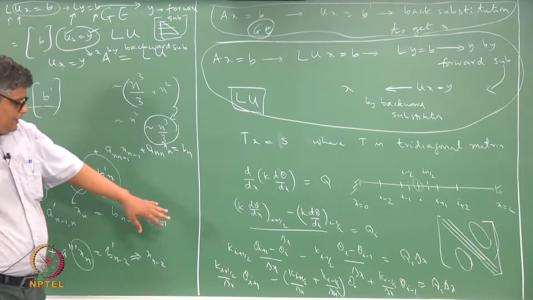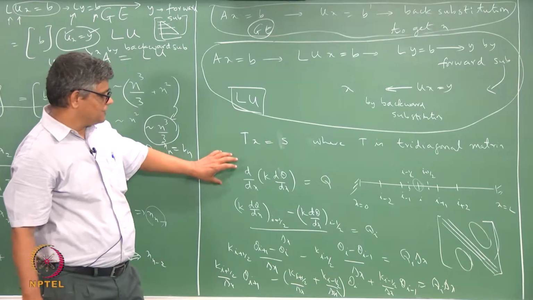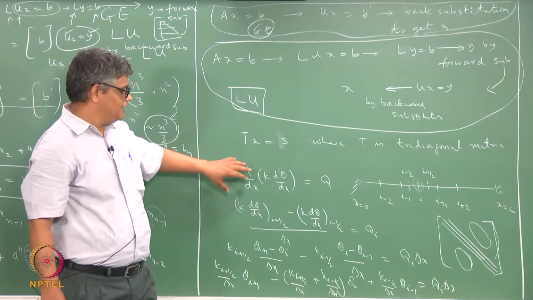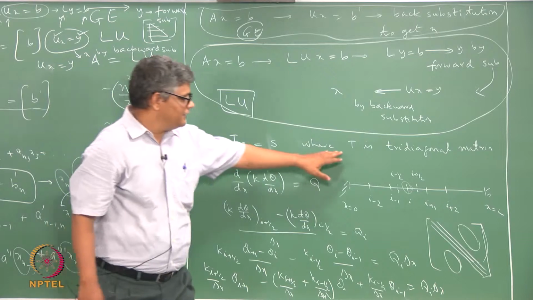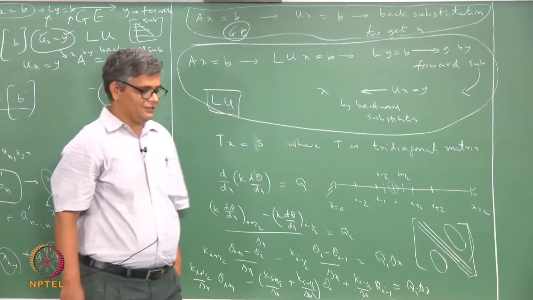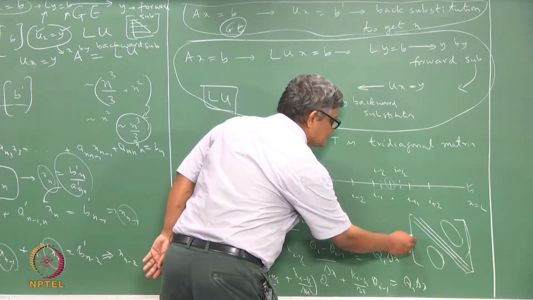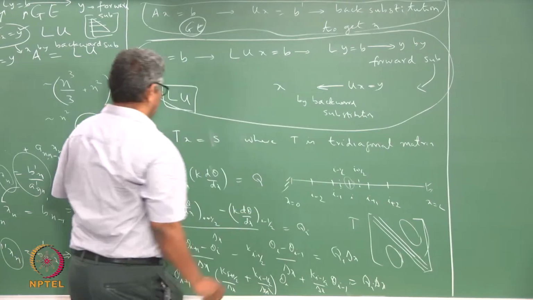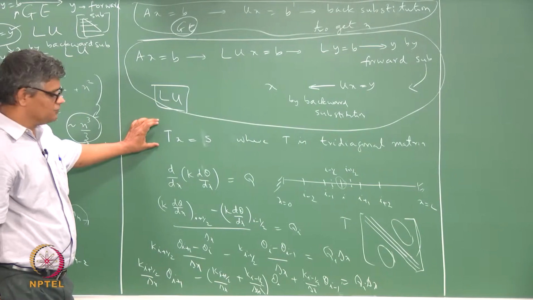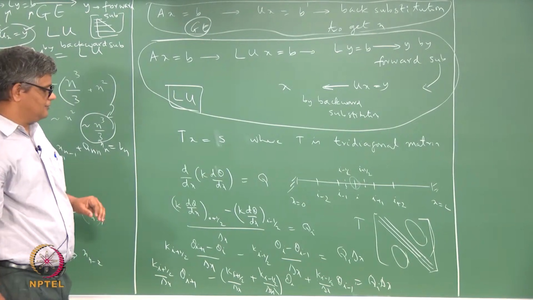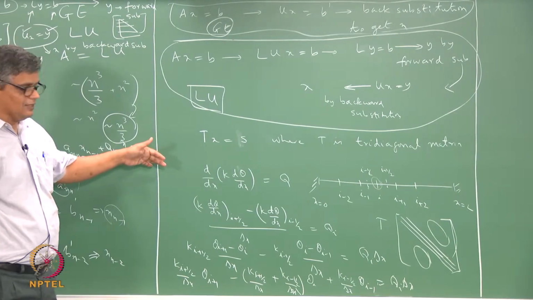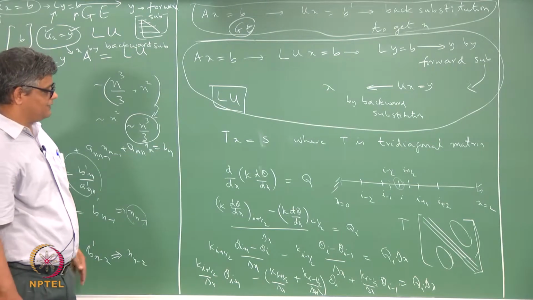So, this A resulting from the discretization of one dimensional heat conduction equation is a typical example where we have T as a tridiagonal matrix. So, this is the tridiagonal matrix form of the coefficient matrix T, which arises from this one dimensional Poisson equation or Laplace equation like this.